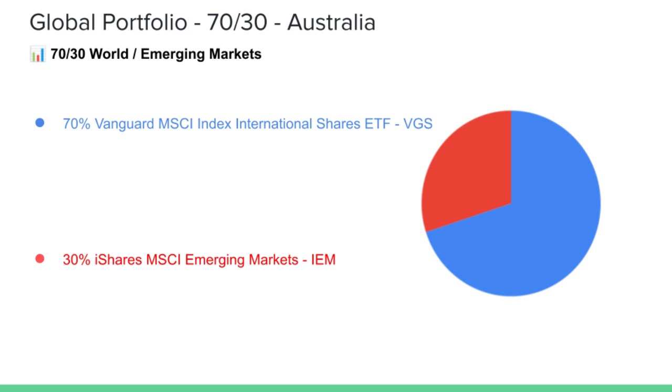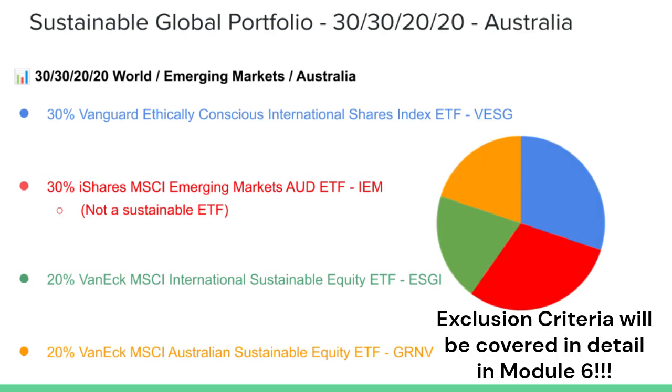Now, this next one is a more advanced kind of sustainable portfolio for Australia. It includes the VESG ETF. It includes the IEM, which is the Emerging Markets ETF, which is not a sustainable ETF, but it is still in there to have that emerging markets exposure, since it is quite difficult to find emerging markets or Europe ETFs which are sustainable.